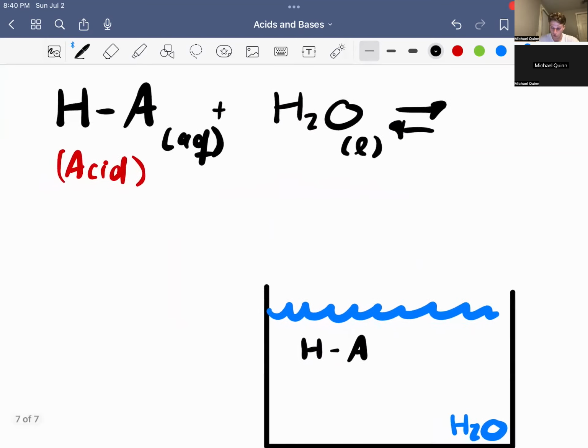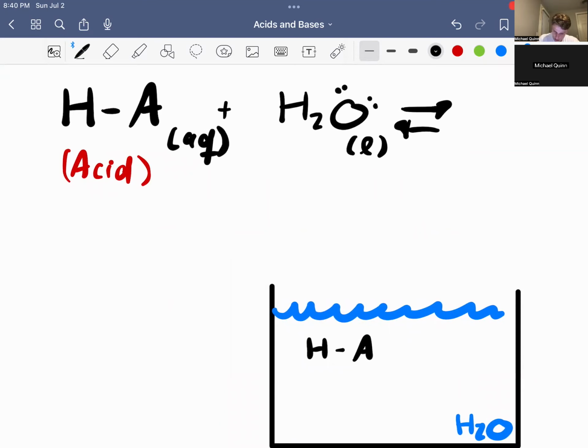So now that we have set up our reaction, what is going to happen when we put HA into our water? Well, the lone pairs on the oxygen of our water can serve as a base. So once you have picked your acid, by default, our other species will be a base.